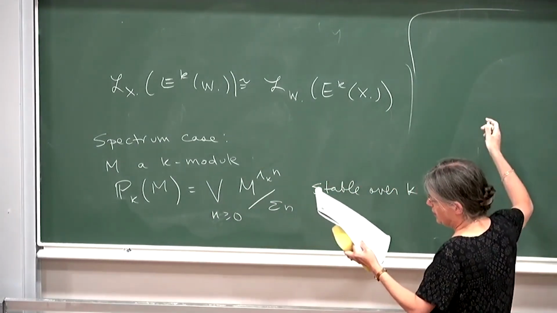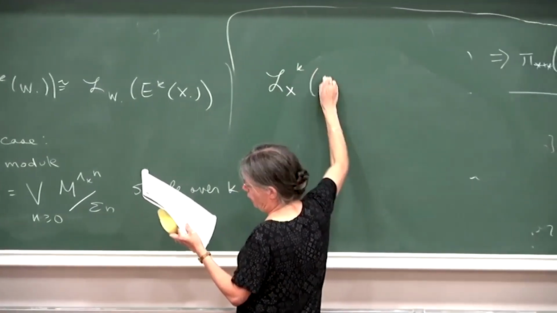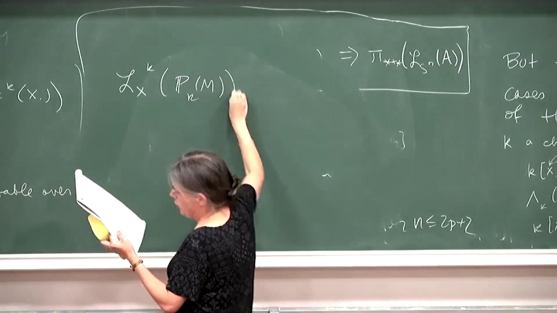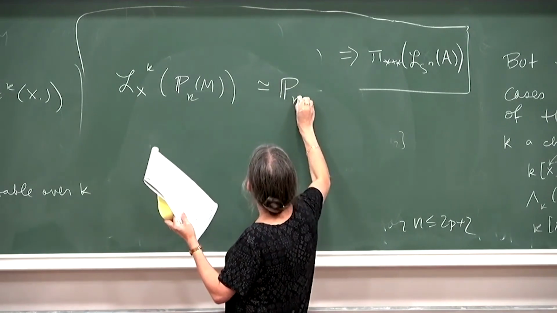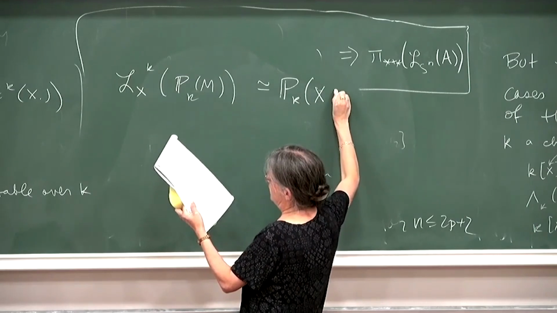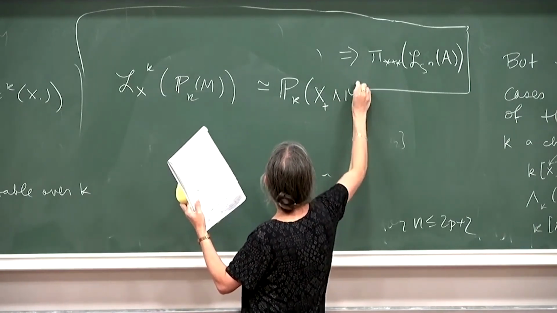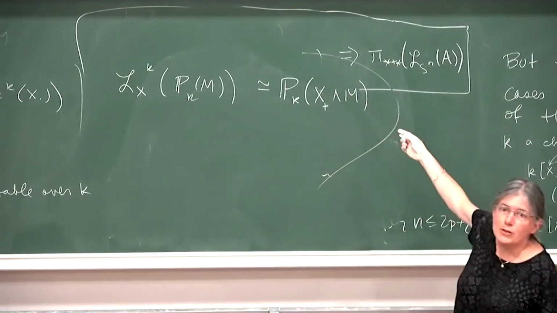This is even easier to see because if you do L_X K of P_K M, you can show that it's equivalent to P_K of X plus smash M. So again, you move it to the stable world.